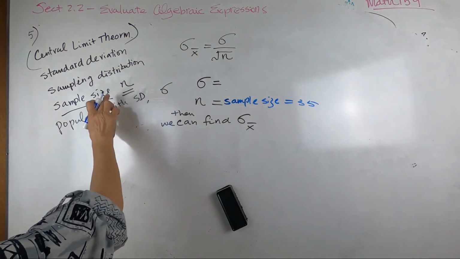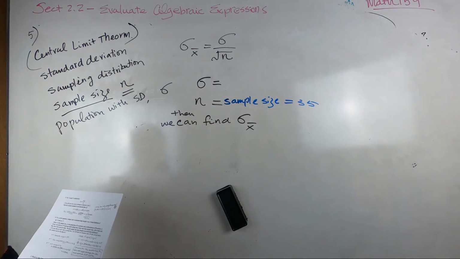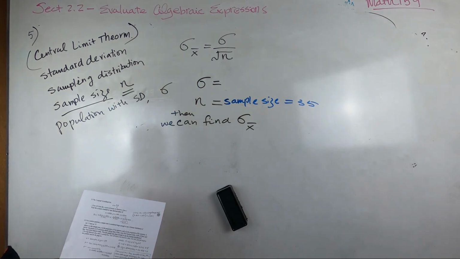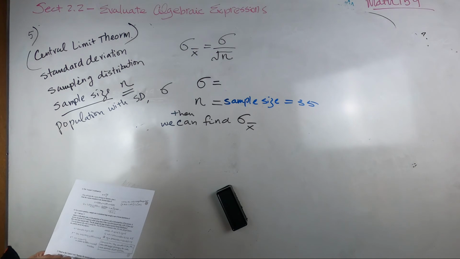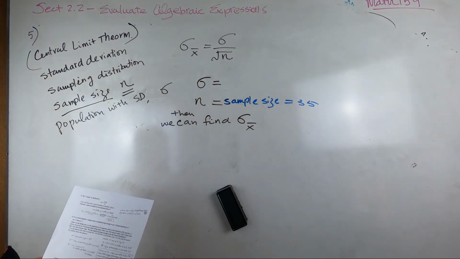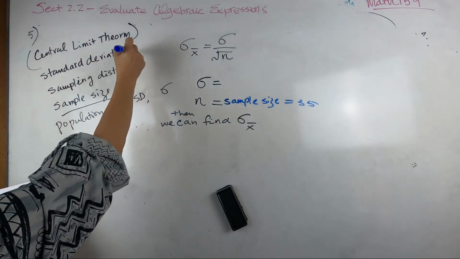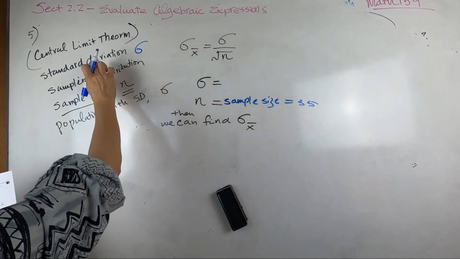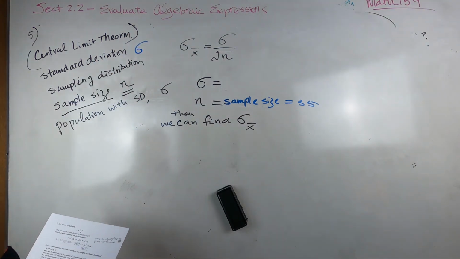It's given in the question. But we need to find the sigma. What is sigma? On the second line of the question, it says they are taken from a population with standard deviation sigma. So the standard deviation is your sigma.